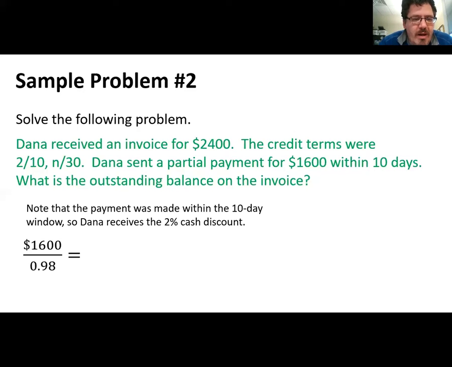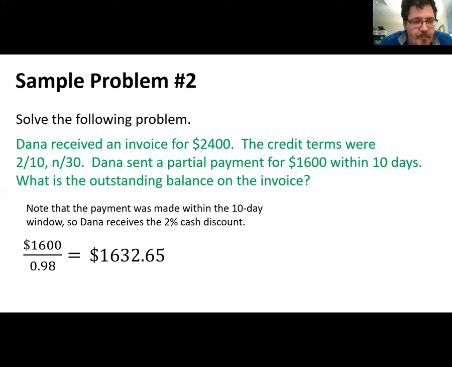Now, the reason that we are dividing is when you look at the answer that you get, what's going to happen, and this gets a little weird and a little confusing, is they're actually going to apply $1,632.65. That's what they're going to actually apply to her account.